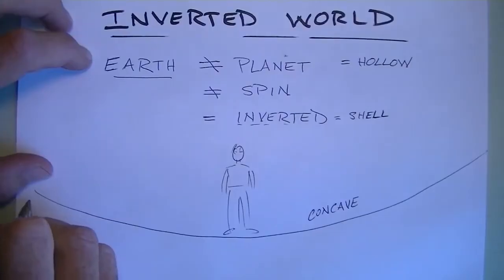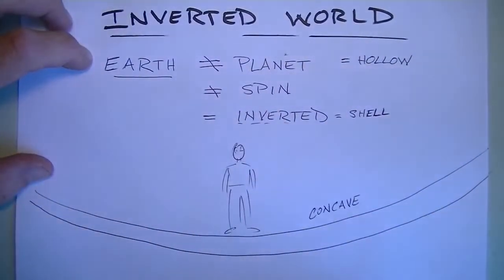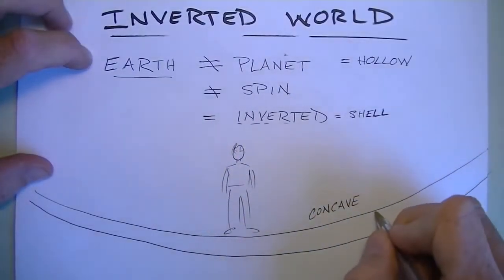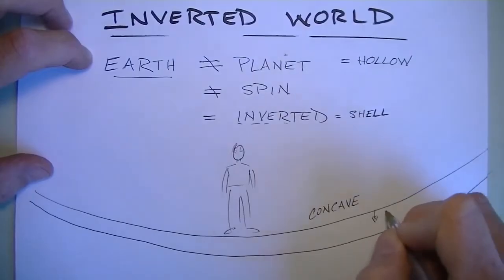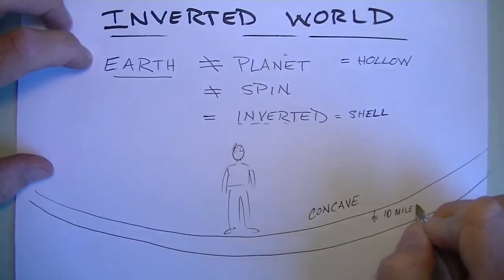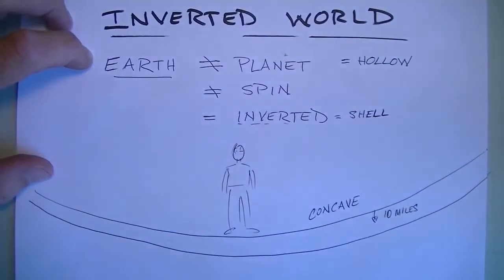The shell, I'm not sure of the thickness, but it's not very thick, I would imagine, because firstly, man has not even drilled more than 10 miles beneath the surface of the Earth. Do you know that? And yet they can speculate. All their so-called knowledge of the center of the Earth and the core is all based on speculation.